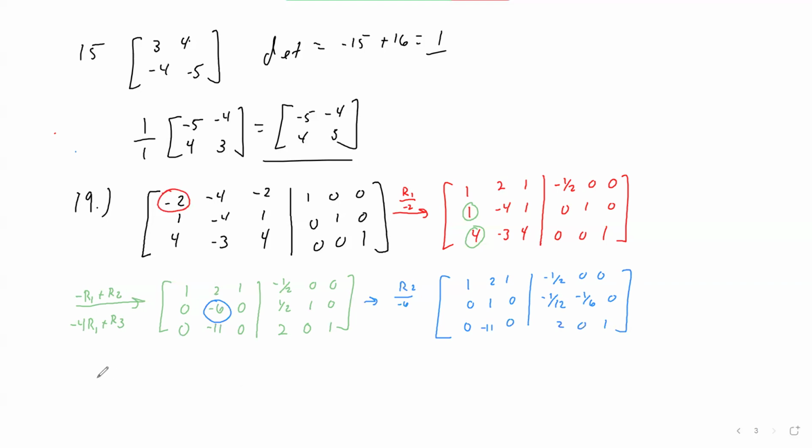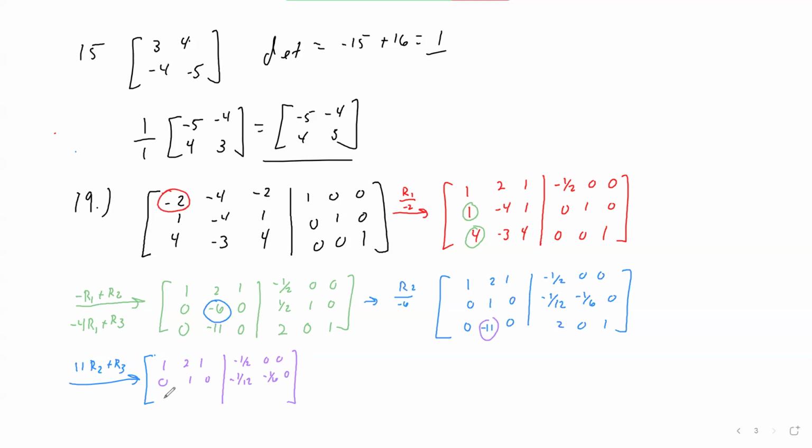All right, now I'm going to do 11 times row 2 plus row 3. Again, my goal here is to turn this one into a 0. So 1, 2, 1, -1/2, 0, 0, 0, 1, 0, -1/12, -1/6, 0.